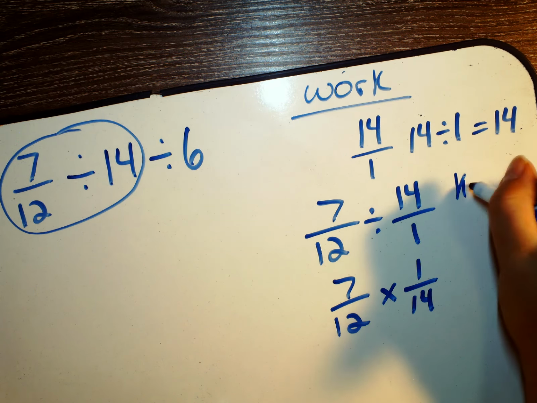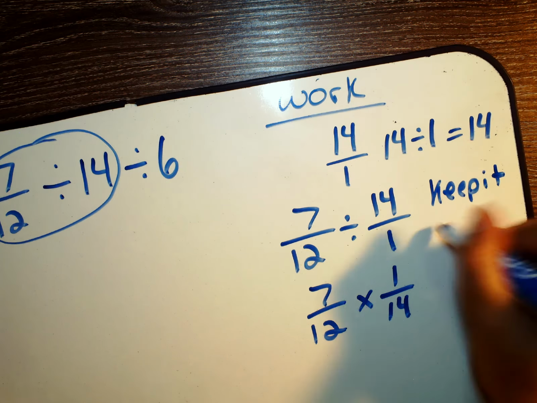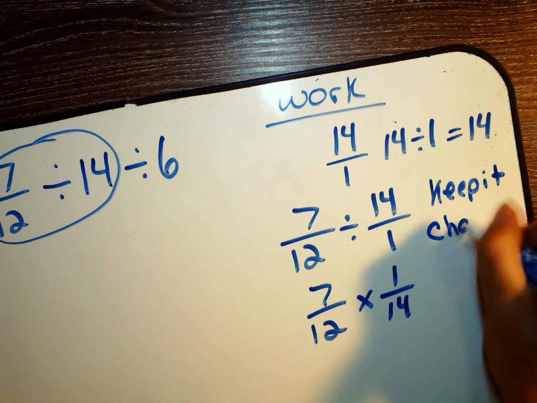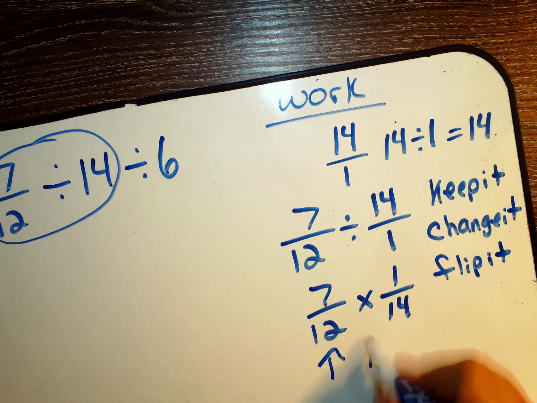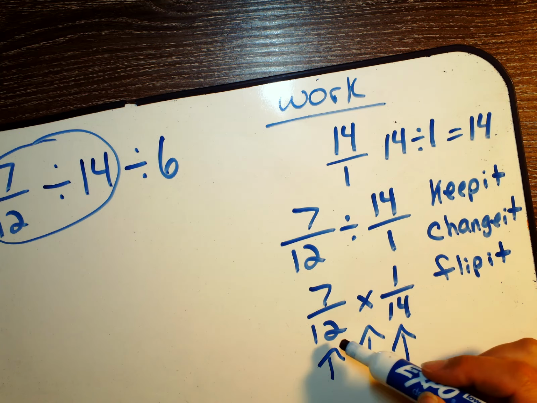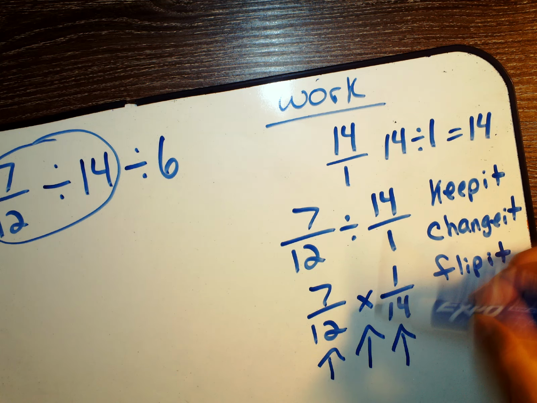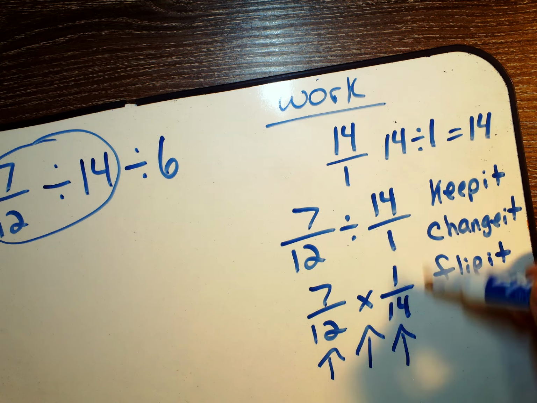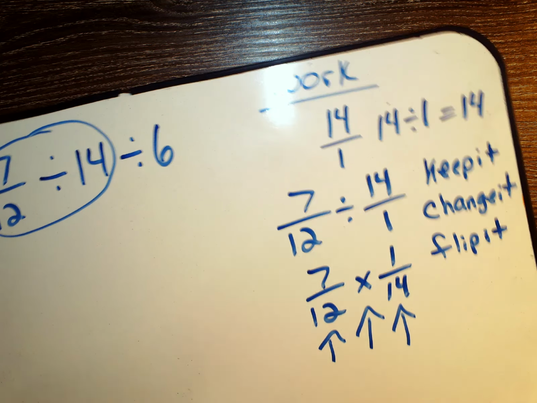Remember, what I just did was I multiplied by the reciprocal of the divisor, or you can remember our keep it, change it, flip it. This is our keep it, this is our change it, and this is our flip it. We kept 7/12. Our division we changed to multiplication, and our 14 over 1 we flipped it. We did the reciprocal. All right, so we can cross cancel.